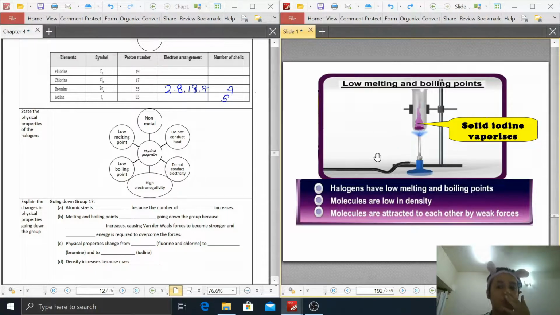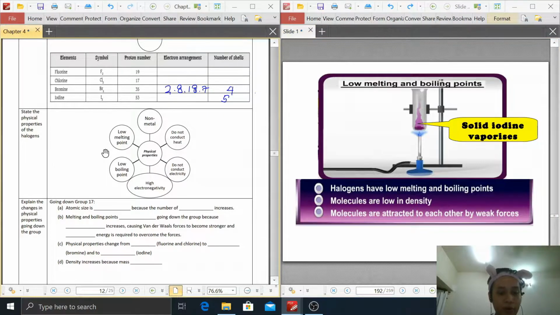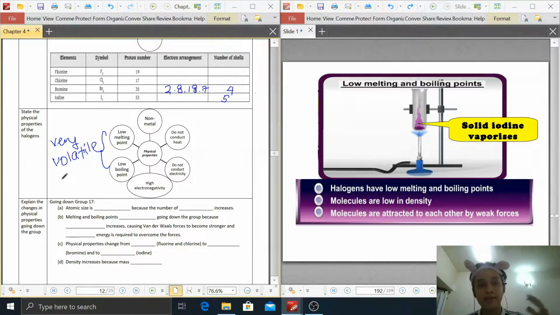Boiling point. Low melting and boiling points mean that they are very volatile, meaning they evaporate very easily. In many cases, especially when you store chemicals involving halogens, you cannot put them under the sun or where there are lights.